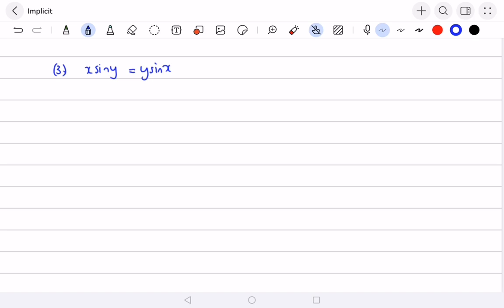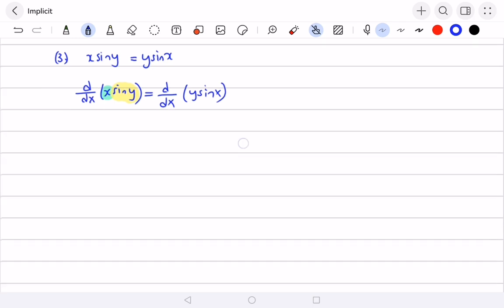So in this case, we do what we've been doing, take the derivative of both sides with respect to x: the derivative with respect to x of x sin y equals the derivative with respect to x of y sin x. Then you can see on the left hand side we have a product of two functions, function 1 and function 2, and we're going to use the product rule to find the derivative.